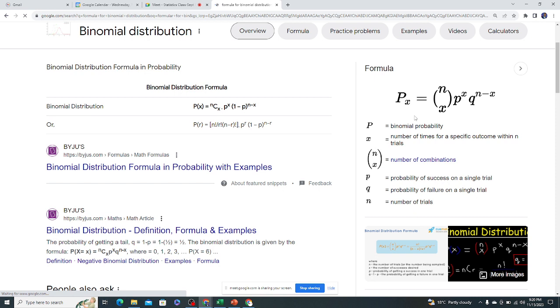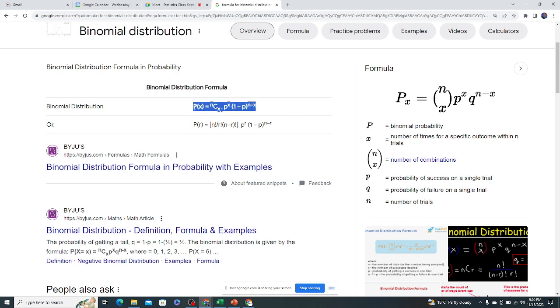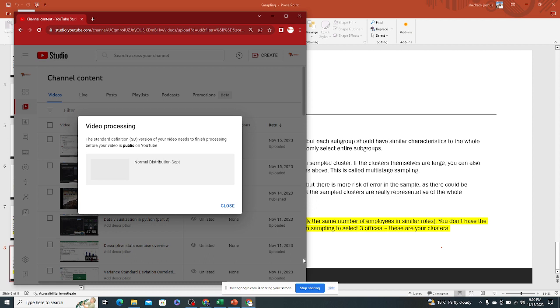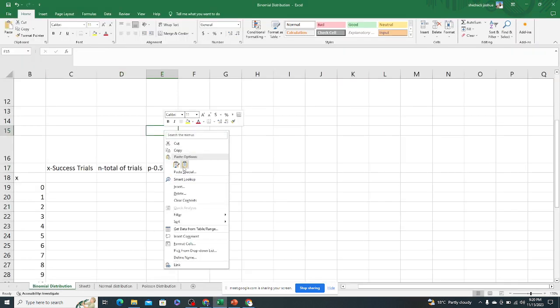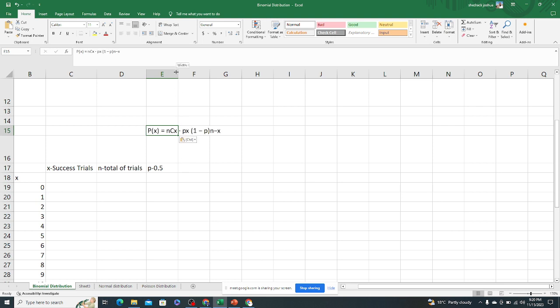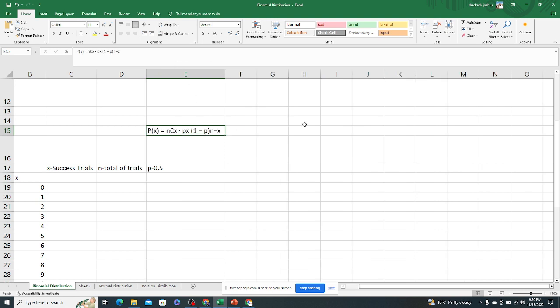Okay, so it's this one, the same one we used. Here nx basically means n combine x. So I can just take this part, and this is our formula.